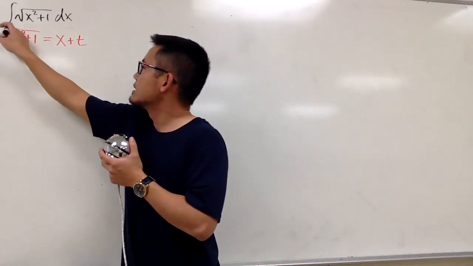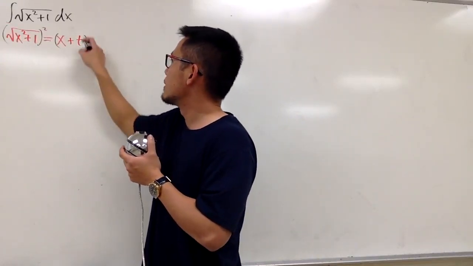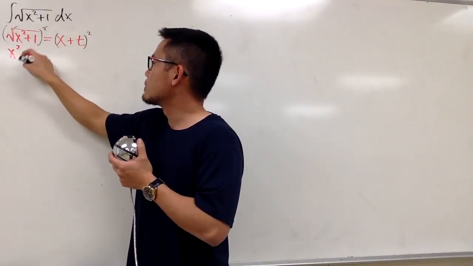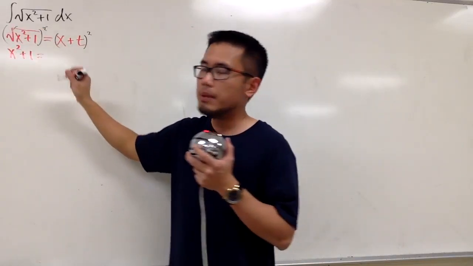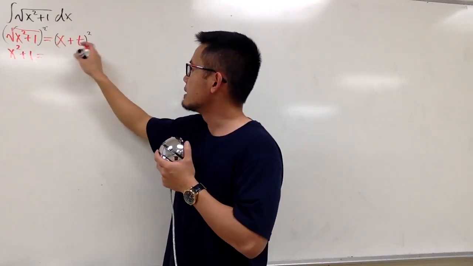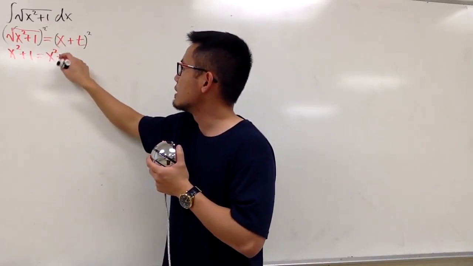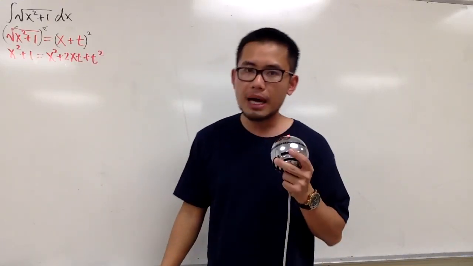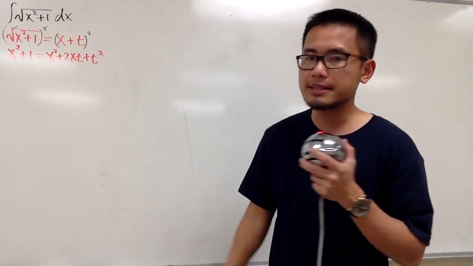So to do that, let's square both sides, all right? And you see, of course, they cancel, and then we will have x squared plus 1, and this will be equal to, let me just multiply this out for you guys, x plus t squared is x squared plus 2xt plus t squared. And keep in mind, I want to isolate x.